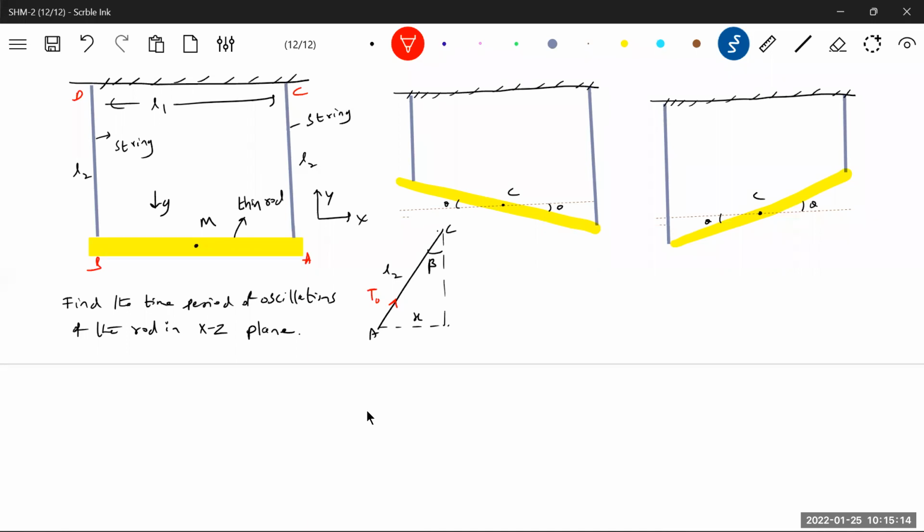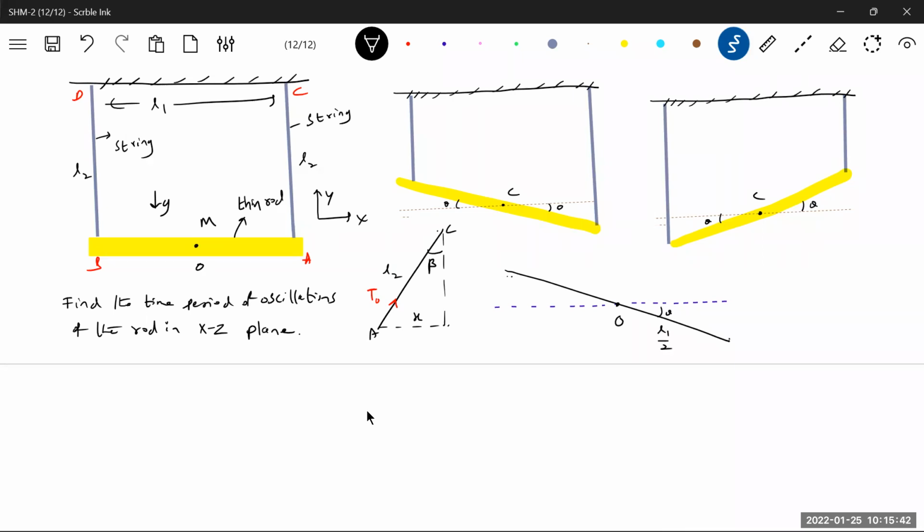Then, we are still not able to understand, so let me take this. This will be the position, no? This will be the rod. Regarding tension, let me show it. This is the point 2. This is theta.